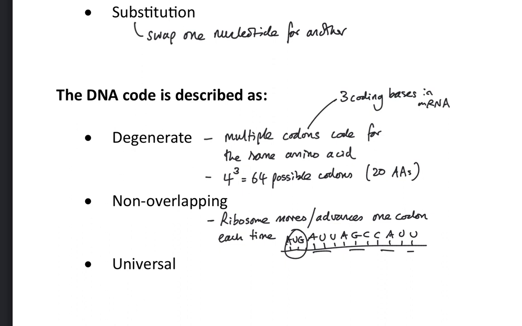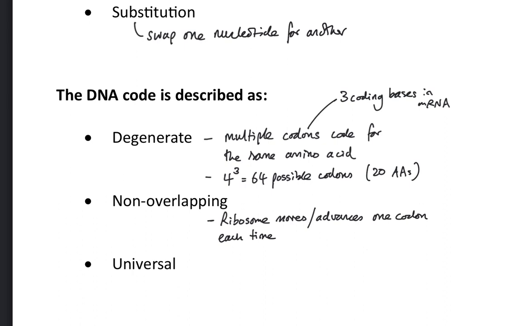If I got rid of that A here, and we joined it back together again, so let's assume that there's no gap there, it's now going to read it UUA, it's going to read that 3, followed by that 3, followed by that 3. So it's reading out of sync, and that's called a frame shift. And that would lead to a vastly different protein being made that's going to be completely non-functional.